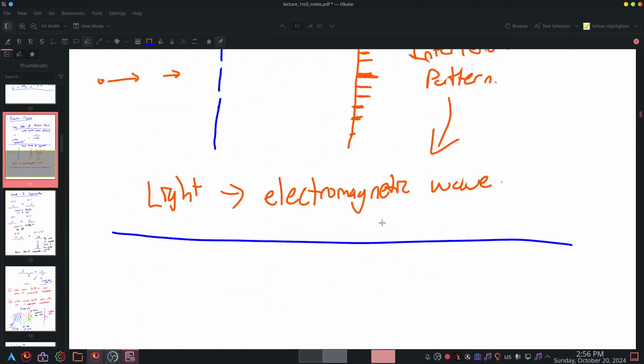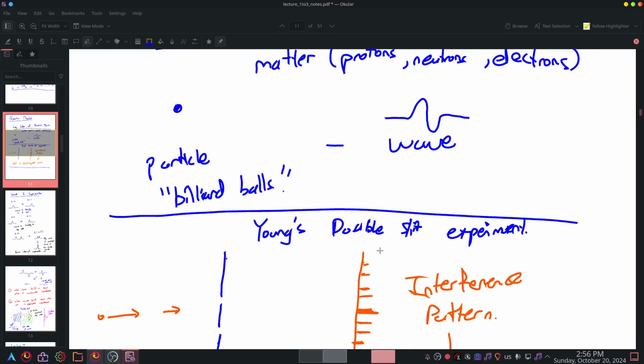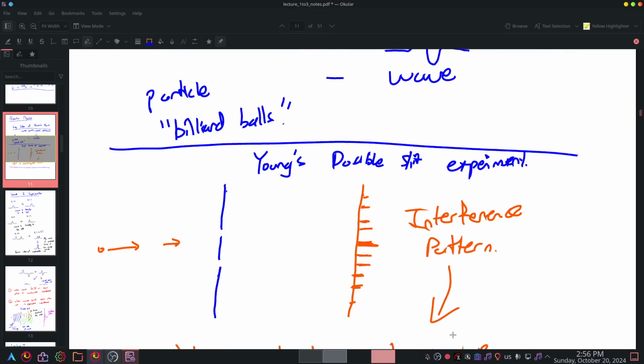Young had his original experiment with light. However, when quantum physics comes into play, someone started firing electrons at this double slit and observed the interference pattern.